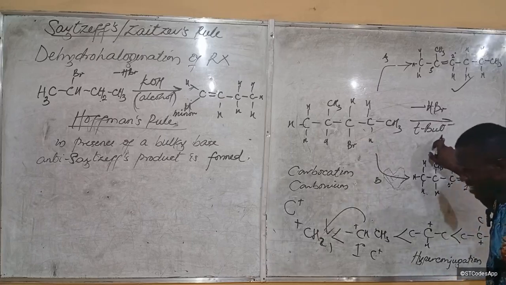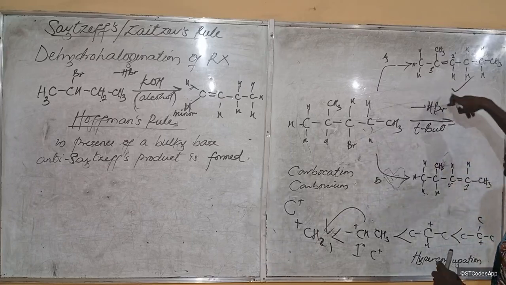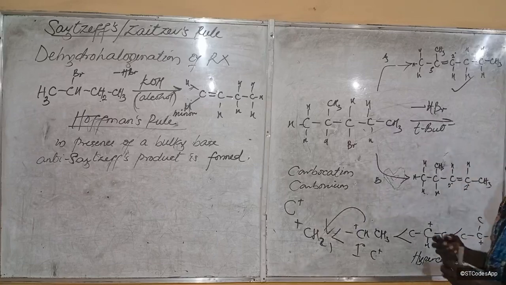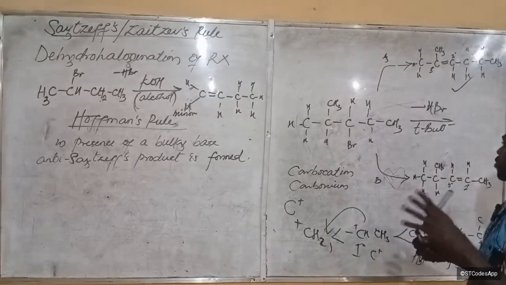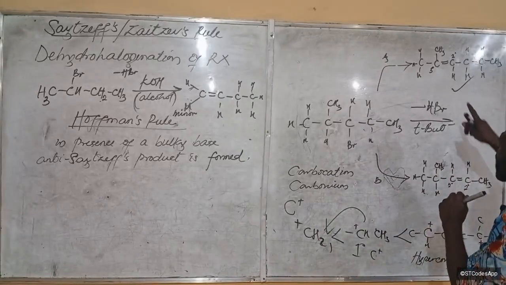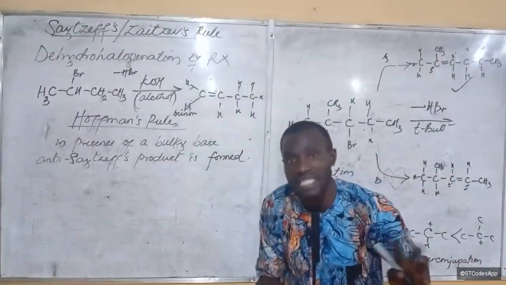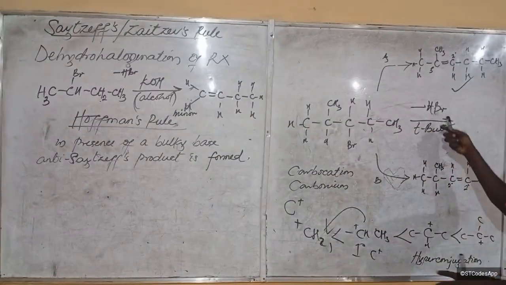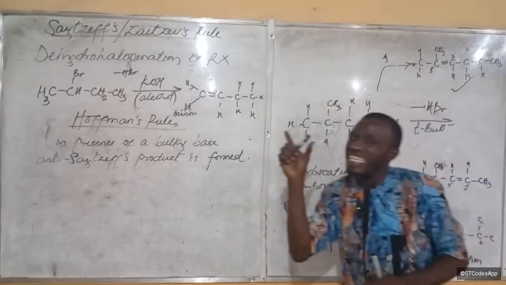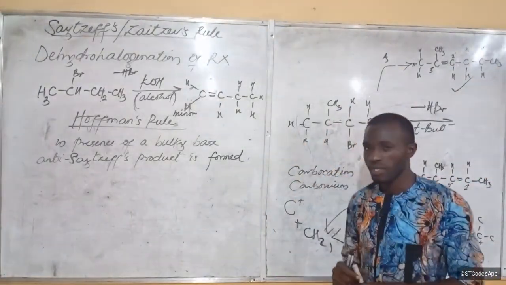With this guy, if we want to remove H and Br, because of the bulkiness of this group, it will not be able to approach a carbon that has many groups around it. It will be hard for it to approach. So what it will do is abstract the hydrogen from the nearest or the easiest to reach carbon. Does that make sense to you?